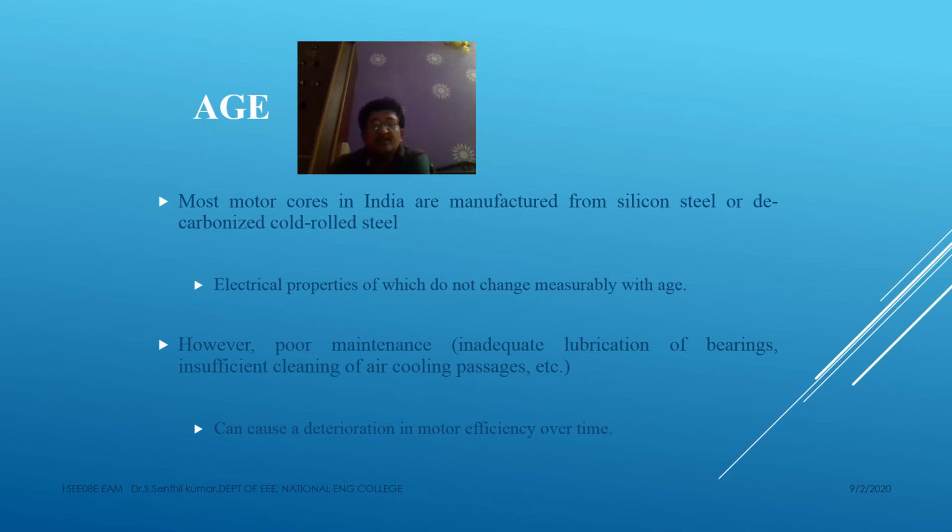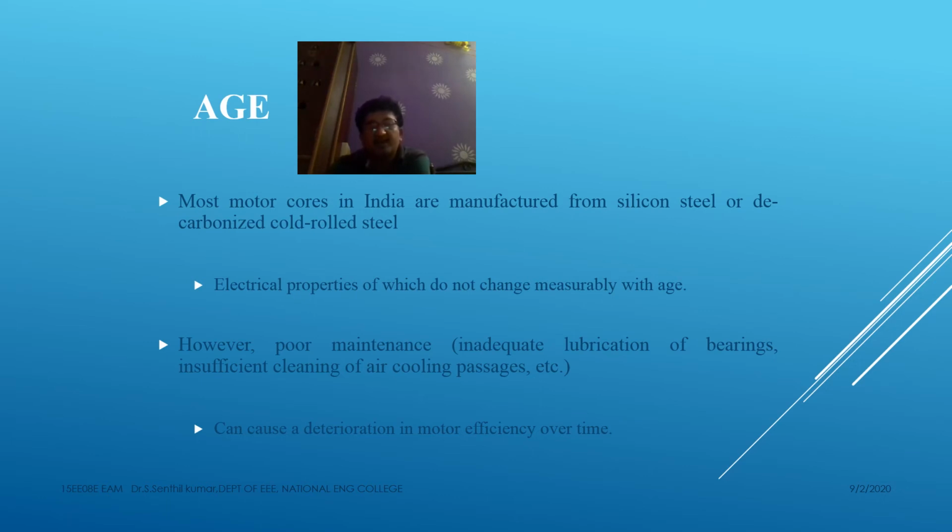And the next main topic is the aging of the motor. Most of the motor cores in India are manufactured from silicon steel and decarburized cold steel. So the stator of the motor, that is the outer side of the motor, is not going to be affected by aging.